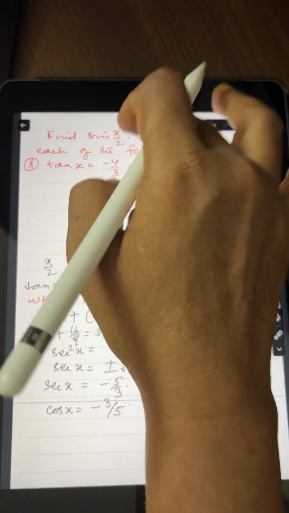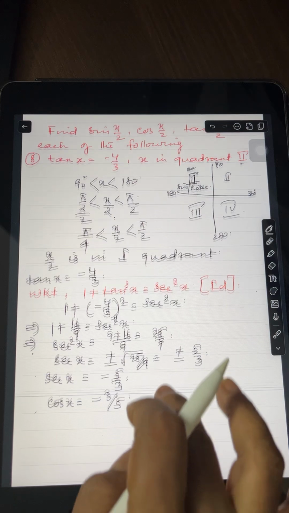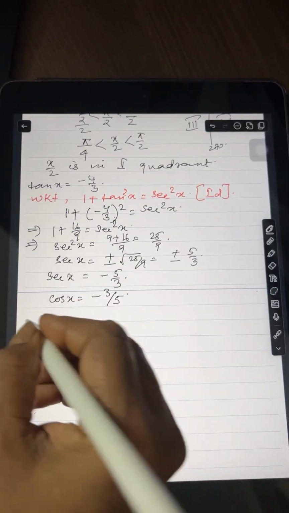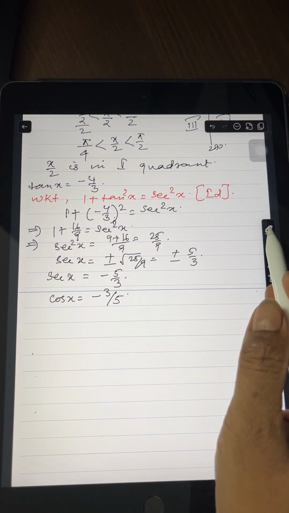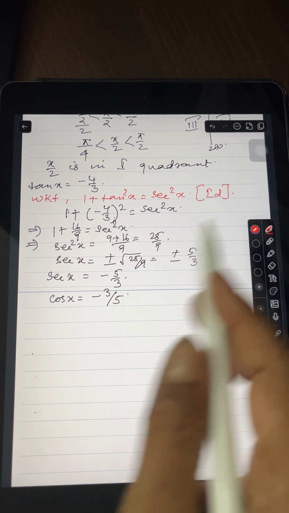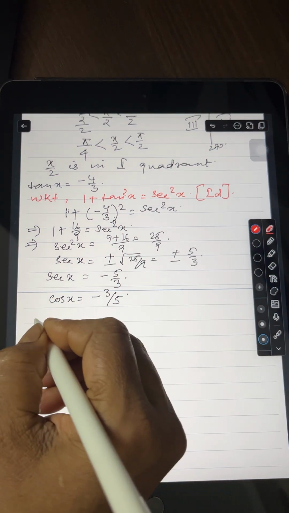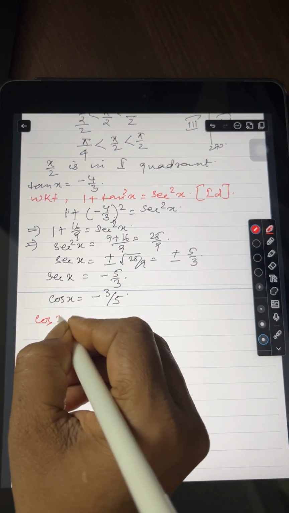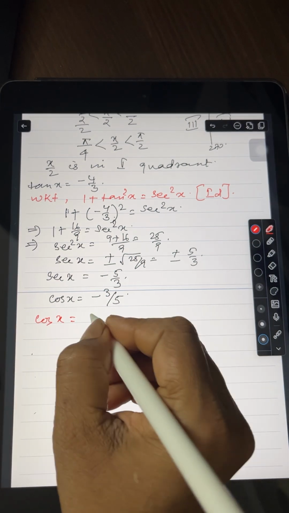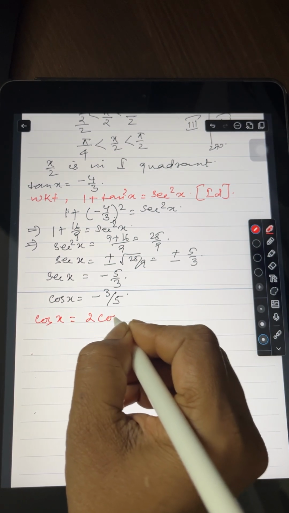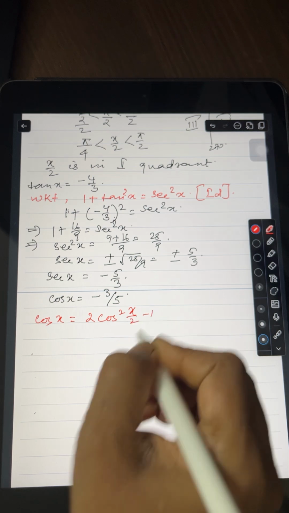So you have cos x. But we want cos x by 2. So what will you do? There is another formula. What formula is that? You see, cos x is equal to 2 cos square x by 2 minus 1.